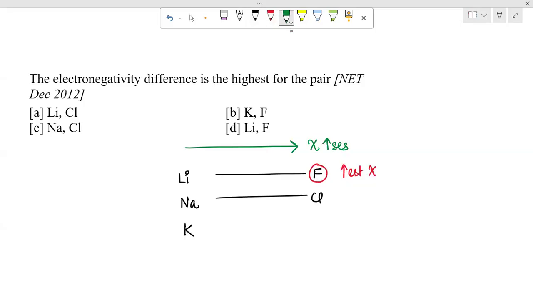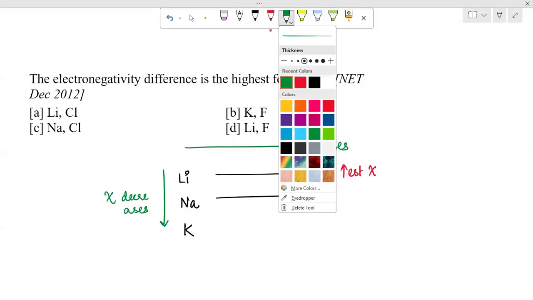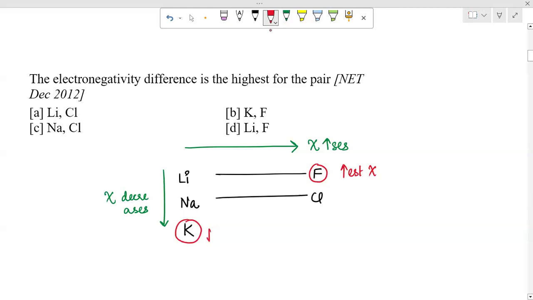And as you move down the group, your electronegativity decreases. That means among the options of lithium, sodium, and potassium, potassium will have the lowest electronegativity. Okay, so we have identified this much. The lowest is identified, the highest is also identified.